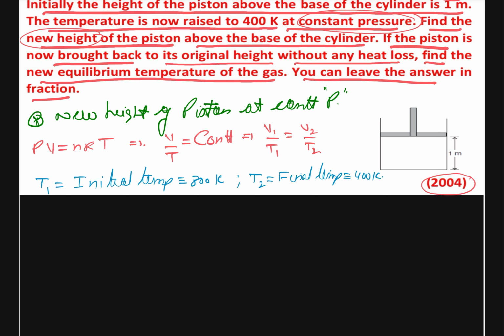And the initial height of the piston is H1. Let us suppose H1 is given as 1 meter, and we are also given the cross-sectional area of the cylinder.